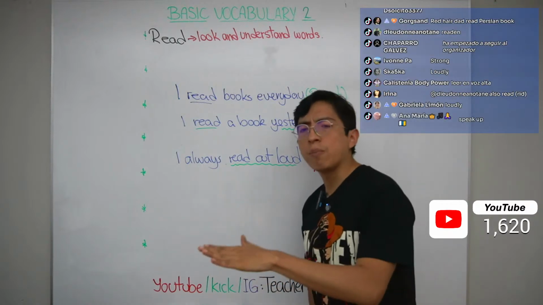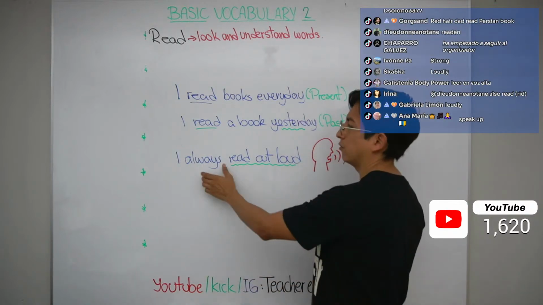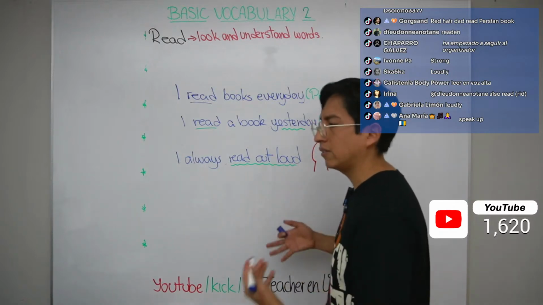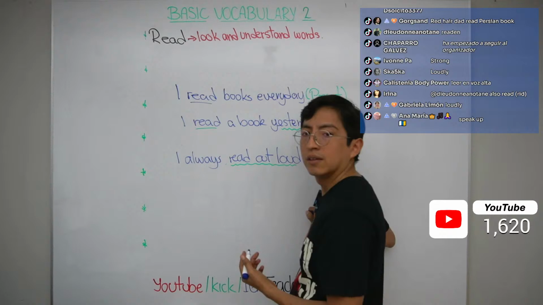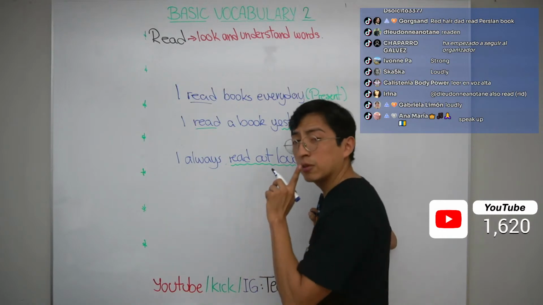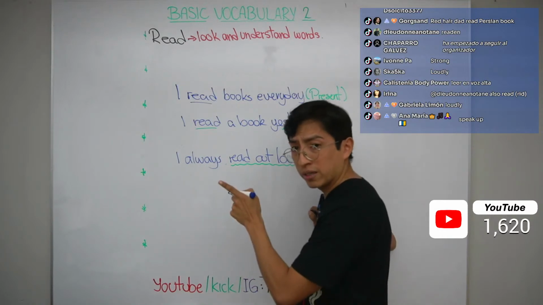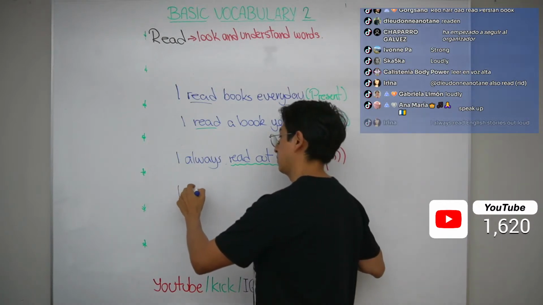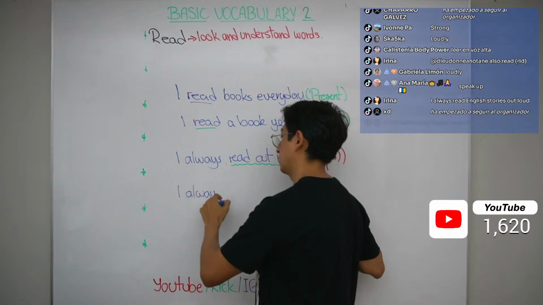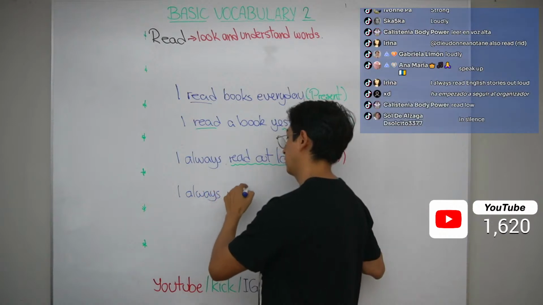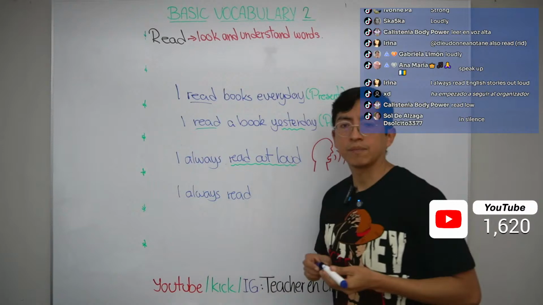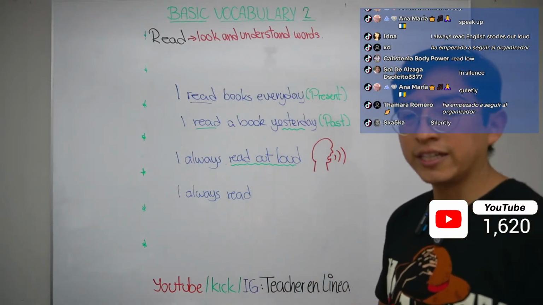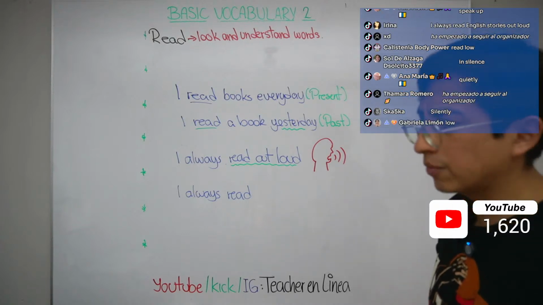Now, what is the opposite of I always read out loud? What is the opposite, guys? For example, some people don't like to listen to others reading, right? So, what is the expression here? Okay, what do you think? Read in silence. Okay, read low. Okay, it's possible.